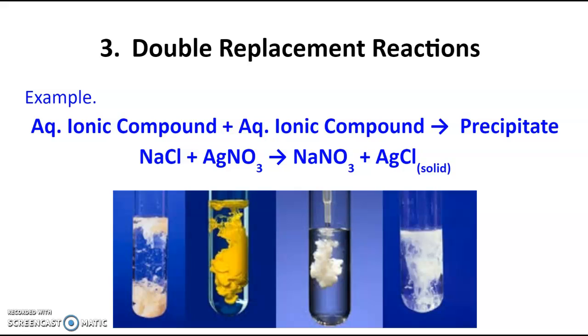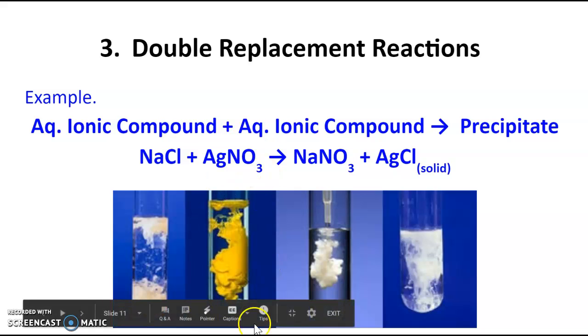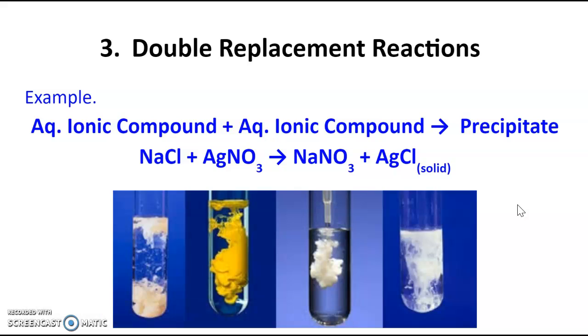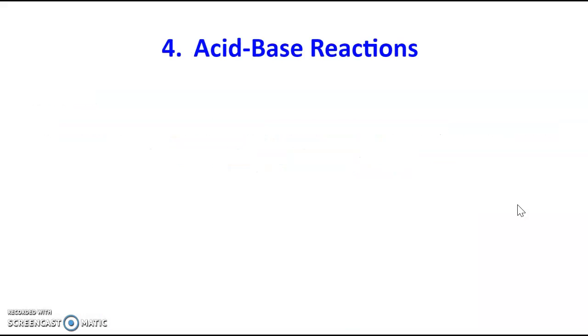And the pictures are showing a number of different precipitation reactions between ionic aqueous solutions. You should definitely recognize this beautiful yellow one. We've done this reaction quite a few times with lead, and it just makes such a pretty yellow precipitate. It's just delightful.